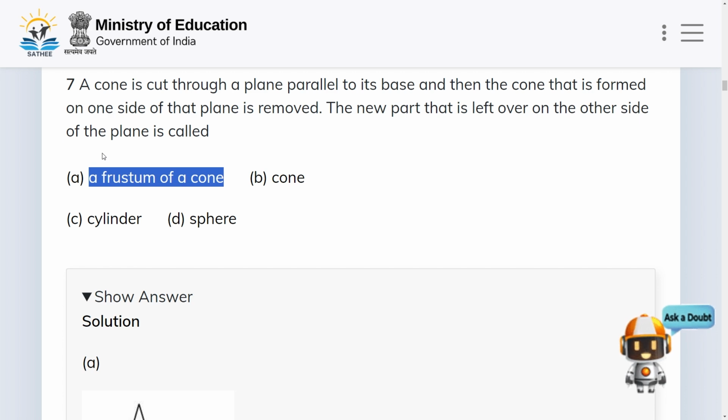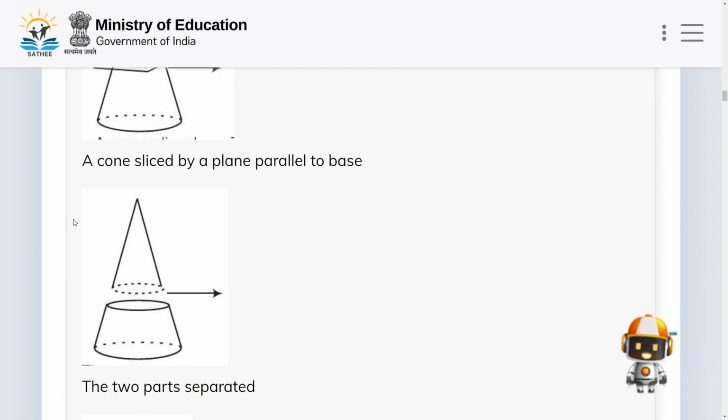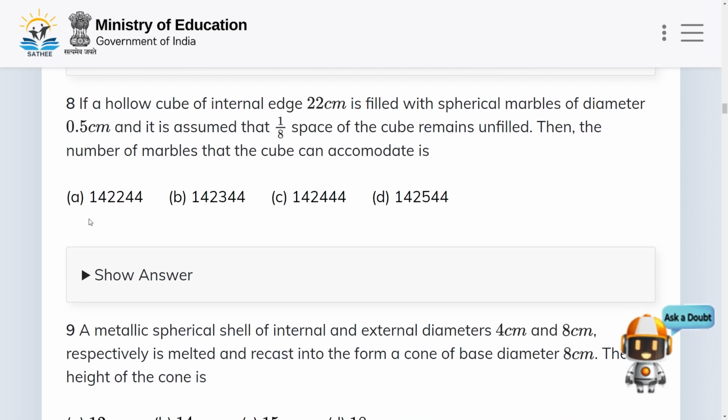And now let us move to question number 8. In question number 8, we have: if a hollow cube of internal edge 22 centimeter is filled with spherical marbles of diameter 0.5 centimeter, and it is assumed that 1/8 of the space of the cube remains unfilled, then the number of marbles that the cube can accommodate is what?